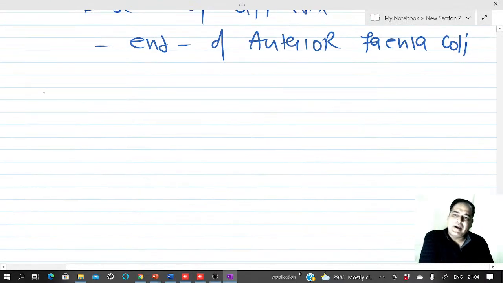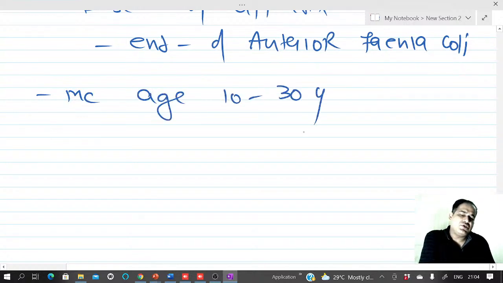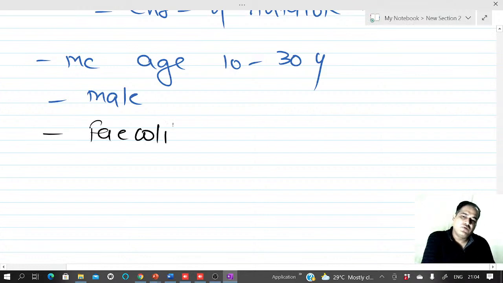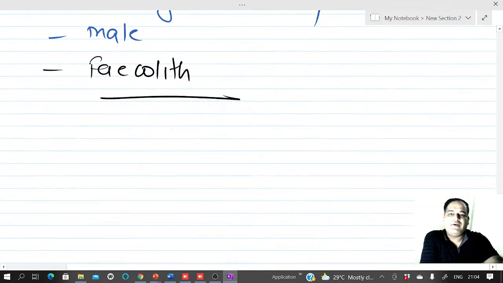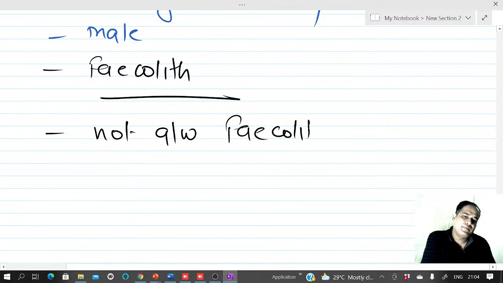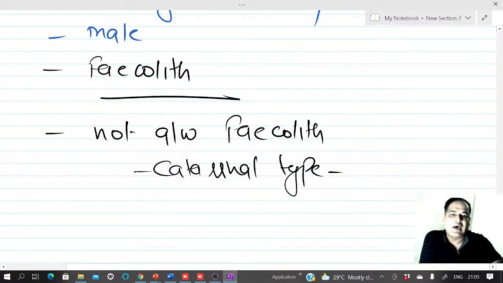So appendicitis, most common age is 10 to 30 years. That means it is the disease of the young. It is slightly more common in males. So commonly it is associated with a fecolith. If it is not associated with a fecolith, it is called as catarrhal type.